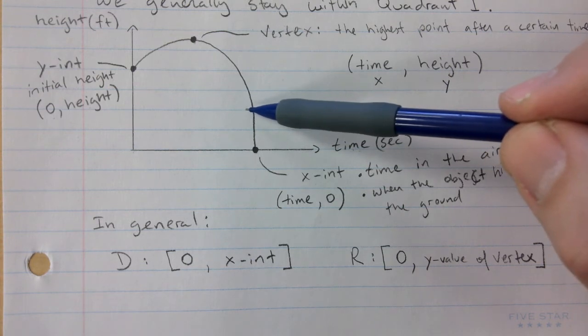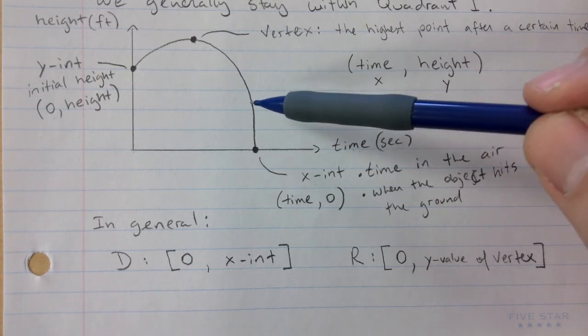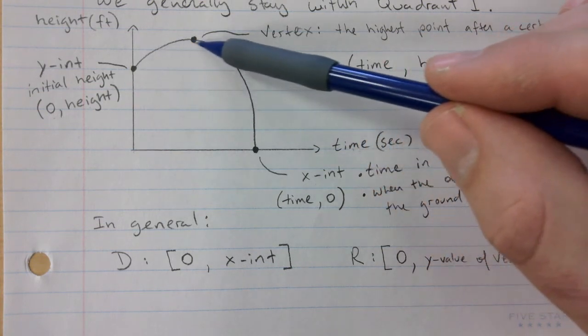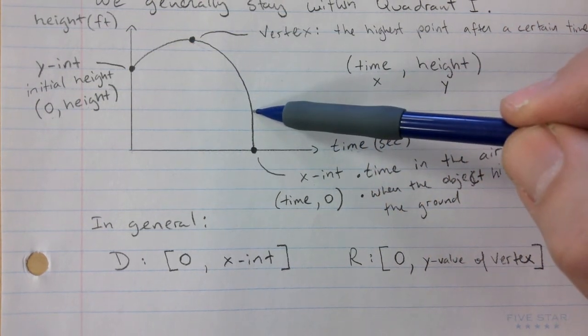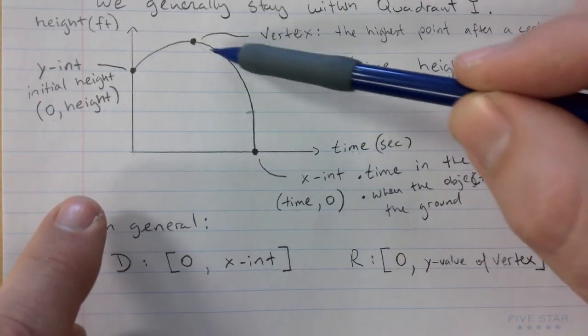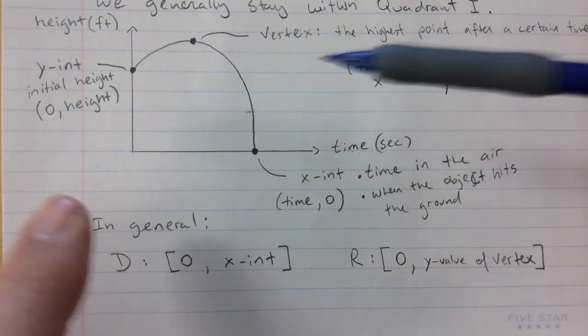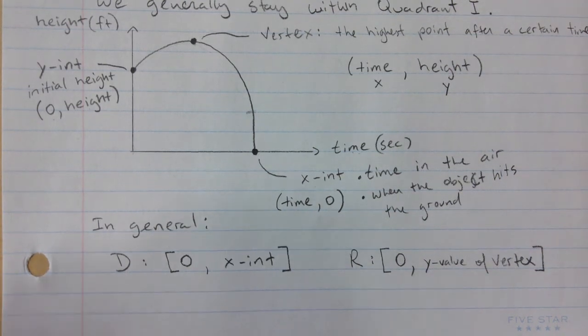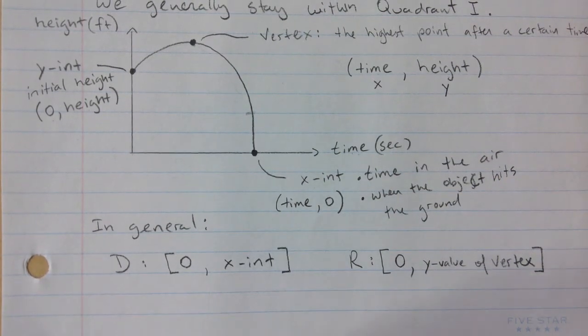So you're never hitting the ground. The cannon is here, boom, you get shot out, and then you land on the surface. So your range would be from here to the highest point. When I say in general, that means that most of the time it works, but you have to read carefully to not fall for it.